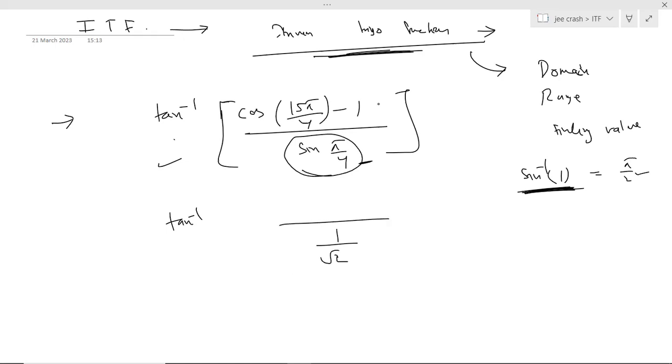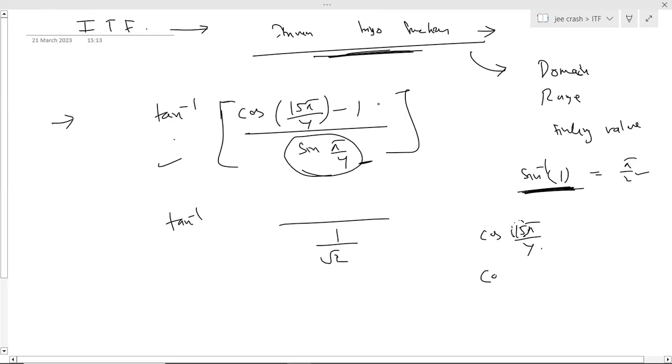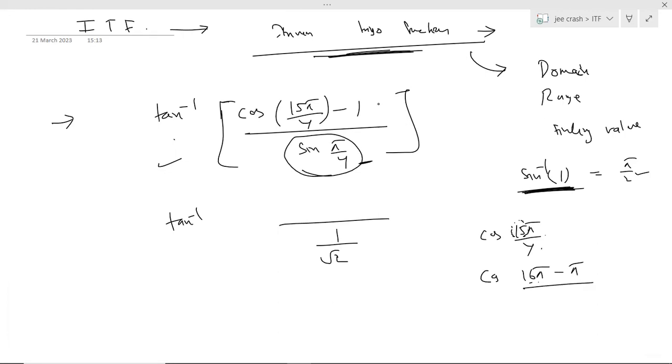And can anyone tell me the value of cos 15 pi by 4? How we calculate this? Write 15 as the closest multiple of 4. So this will be cos of 16 pi minus pi, divided by 4, which is 15 pi upon 4.